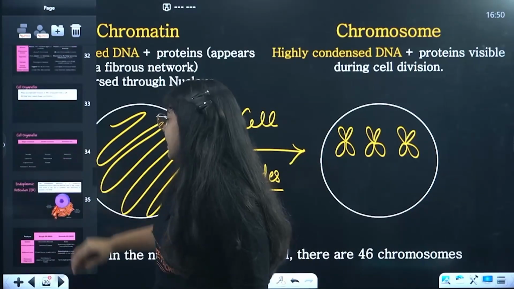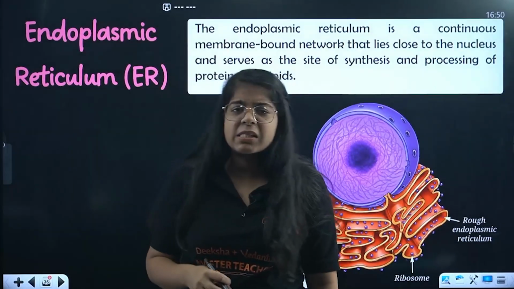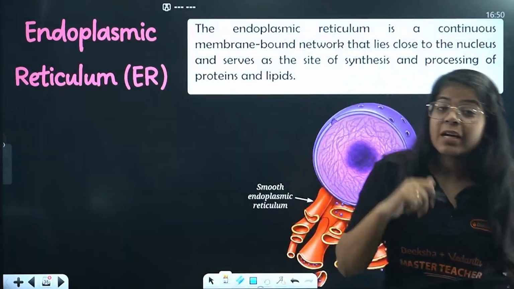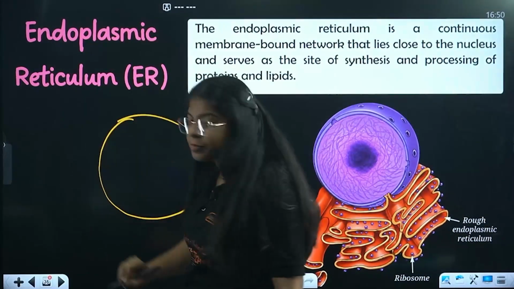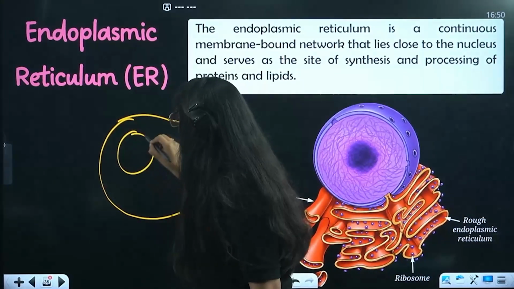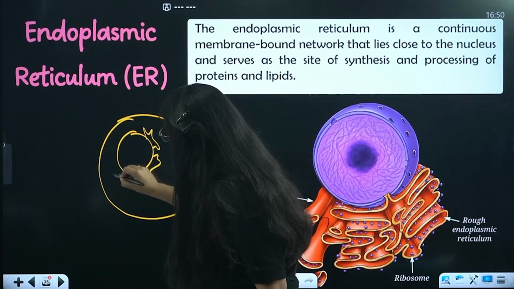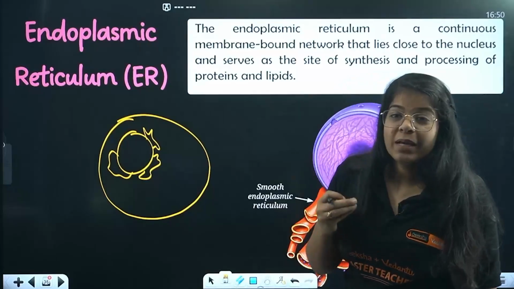Done? Next, we have some cell organelles which have double membrane, some have single membrane. So let's look into that. First, we studied about the cell membrane, now the endoplasmic reticulum. So this is my cell, this is my nucleus, and outside the nucleus we have some structures like this present right on the nucleus. That is my endoplasmic reticulum.